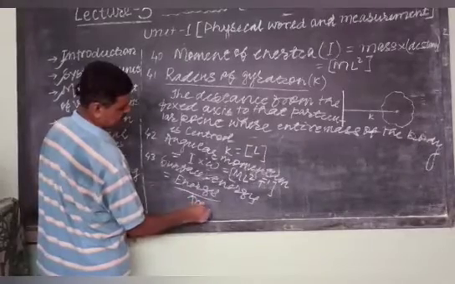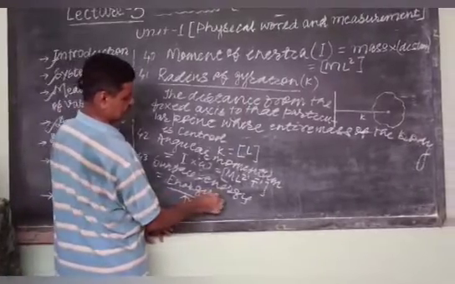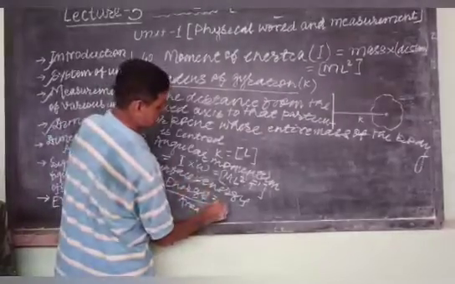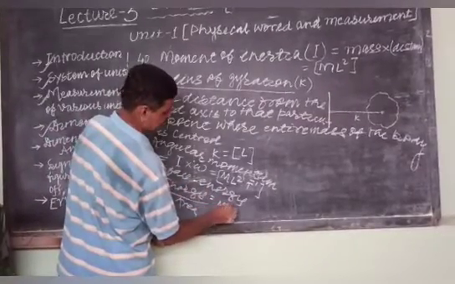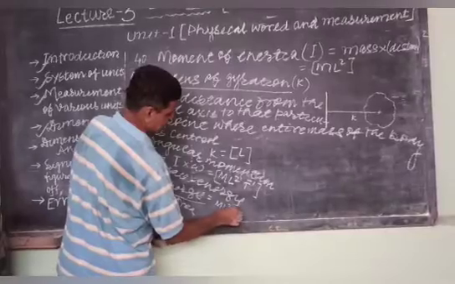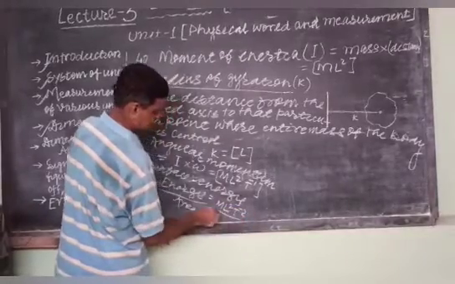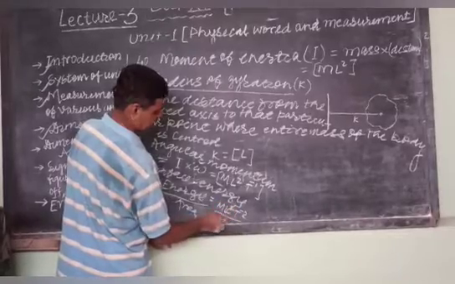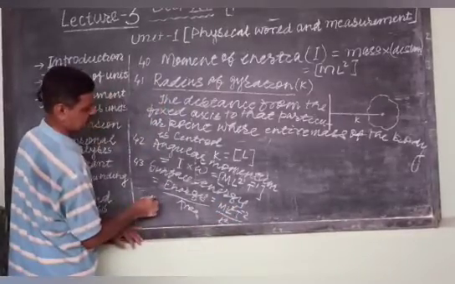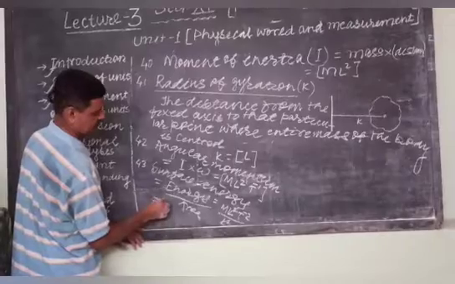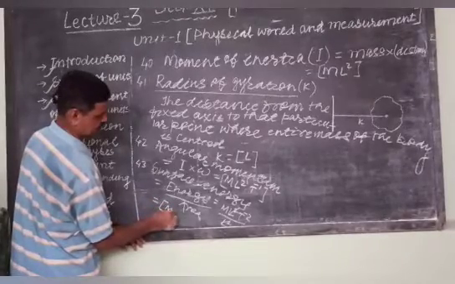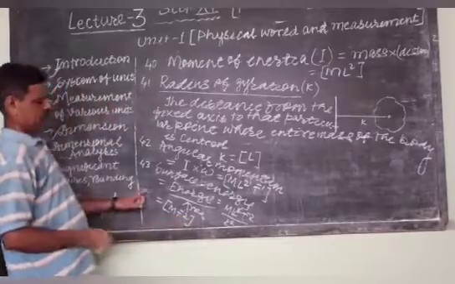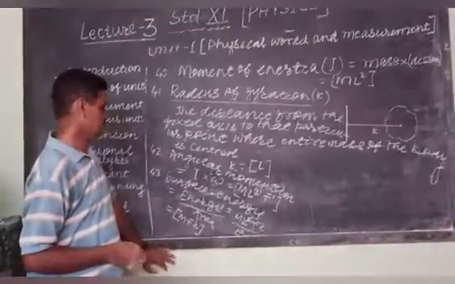Energy by area: energy is ml square t to the power minus 2, divided by area, which is L square. This L cancels, and it is equal to m t to the power minus 2. It is your surface energy.